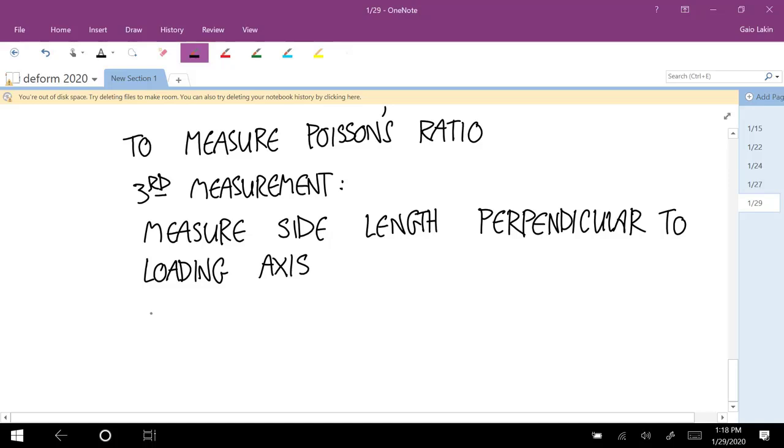And then from that, you can measure this off-axis strain. So this would be like, again, L minus L0 divided by L0.